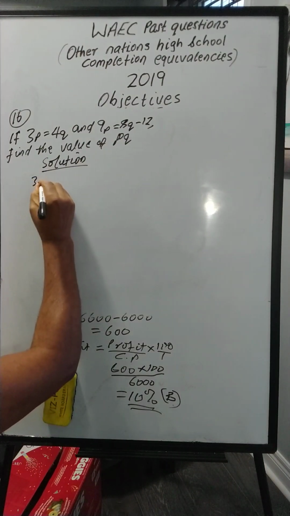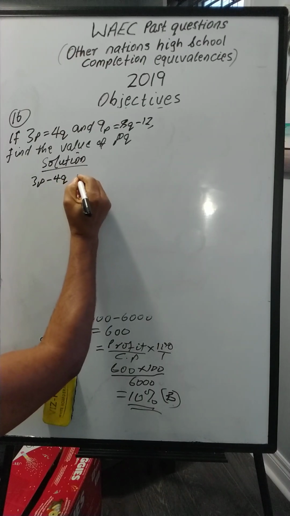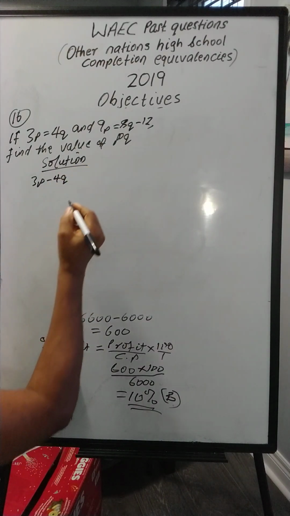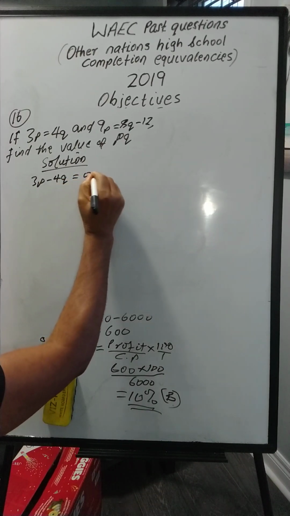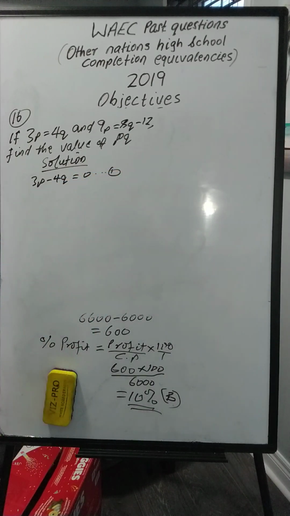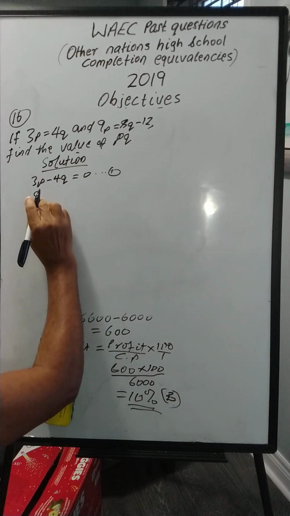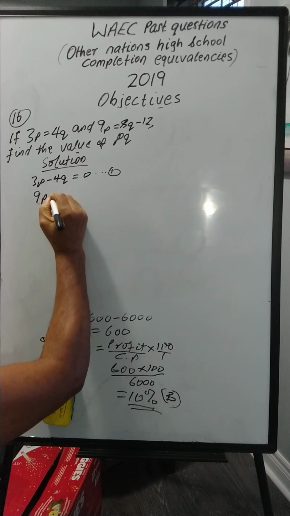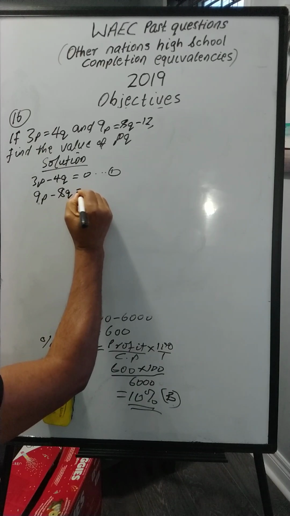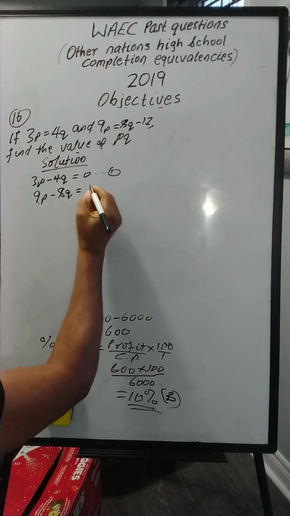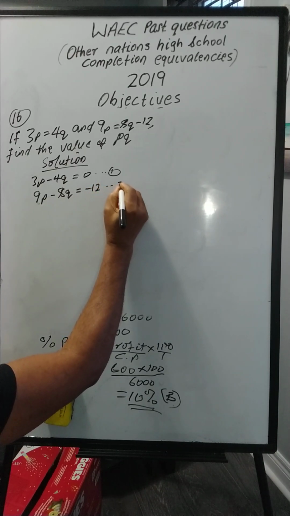Let's say 3P minus 4Q equals 0, and this to be equation 1, and 9P minus 8Q is equal to minus 12, equation 2.